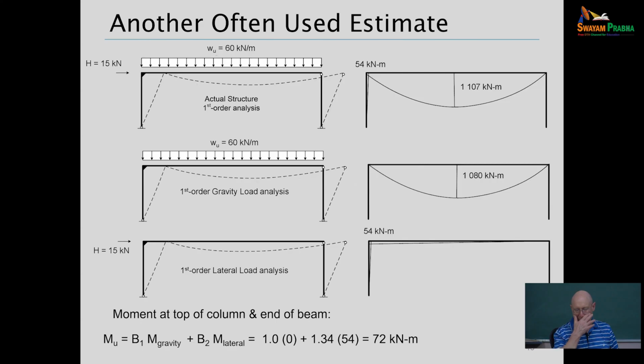I don't have any gravity load moments here in this case in my first order analysis. The actual is 115, so I'm significantly underestimating the moment if I do it this way. It's perfectly fine to do this if it's symmetrically loaded in a symmetrical frame.